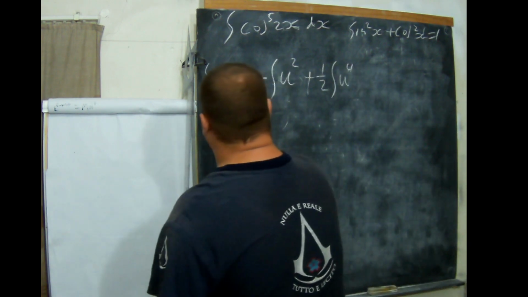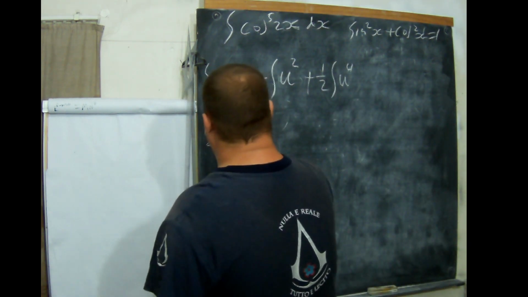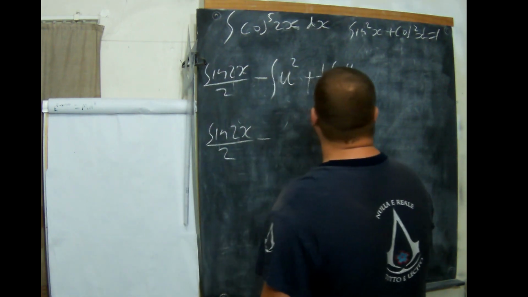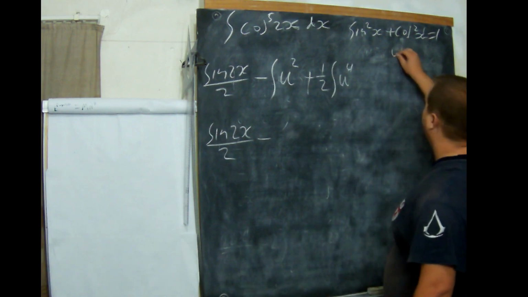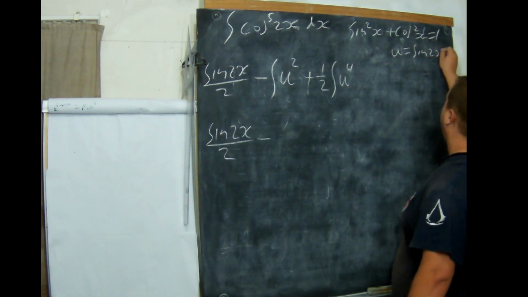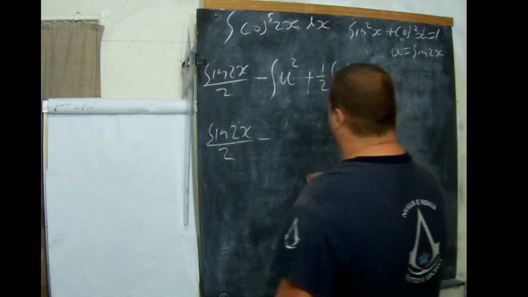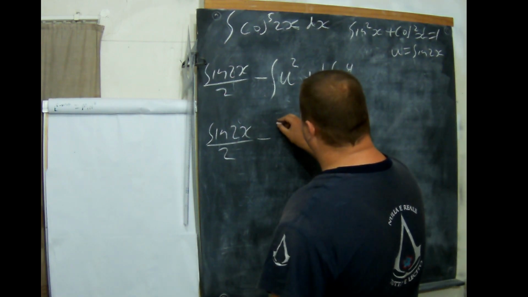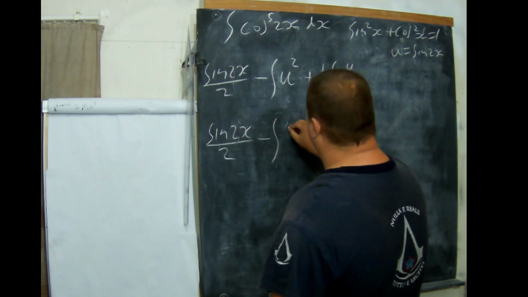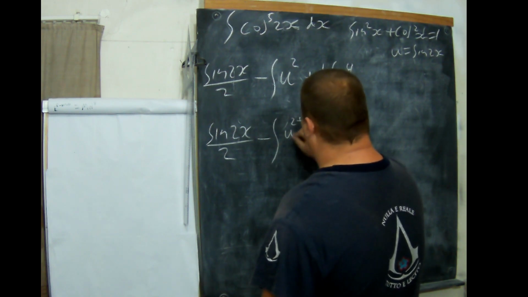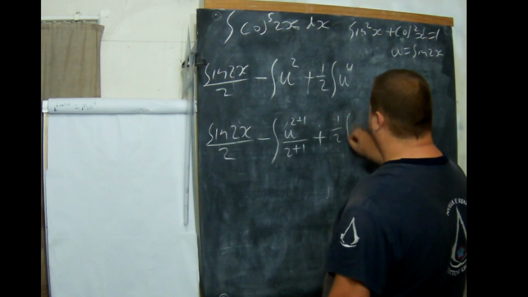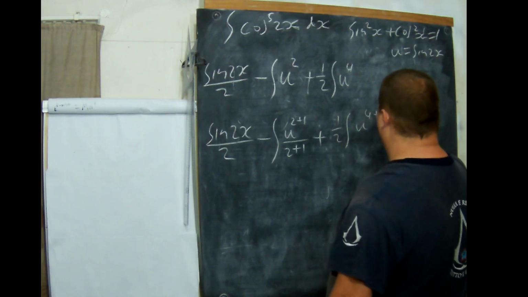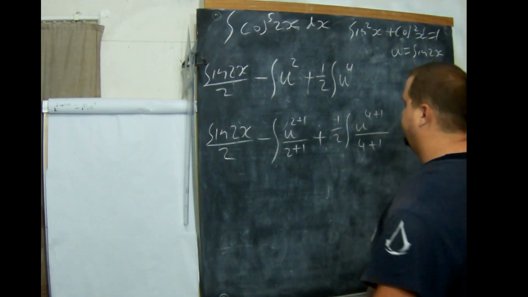Now u was sine 2x. So now we say u to the 2 plus 1 over 2 plus 1, plus a half of the integral of u to the 4 plus 1 over 4 plus 1.